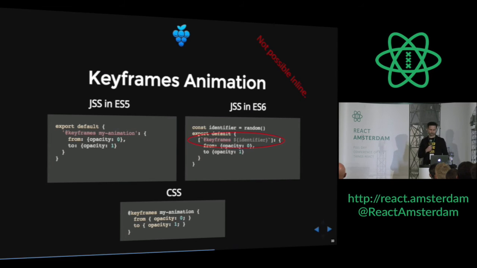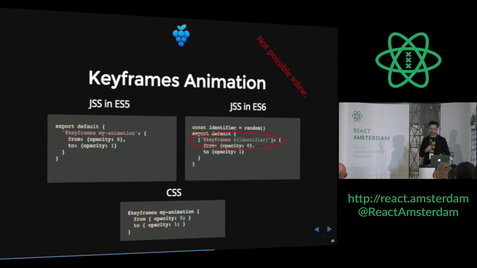Pretty much the same goes for keyframes animation. We get them also for free, just because we're using regular CSS, and it's very much the same as what you write in CSS, just in JSON. And on the right side, you get JSS and ES6, which uses a constant for the identifier, and the constant is generated.